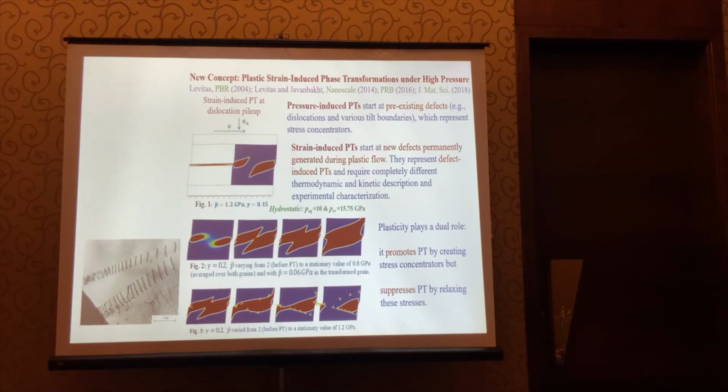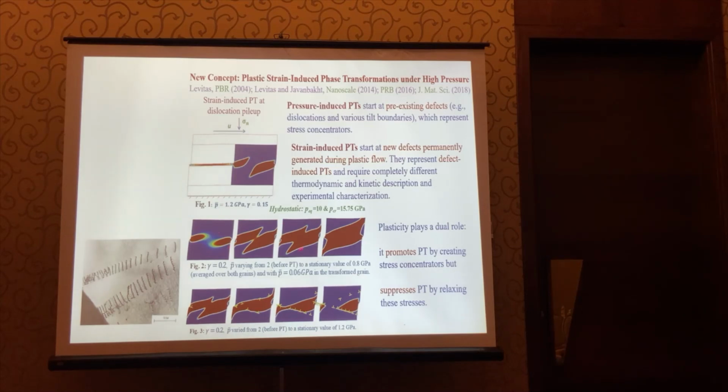And here our phase transition criterion for a perfect crystal is satisfied, and nucleation occurs as a result of the solution. And it occurs at a pressure, averaged over the sample, of 1.2 GPa. And this is a conceptual proof that dislocation pileup can reduce phase transformation pressure by more than an order of magnitude.